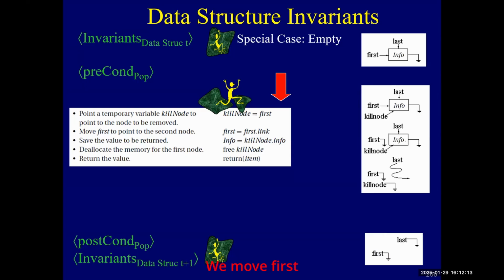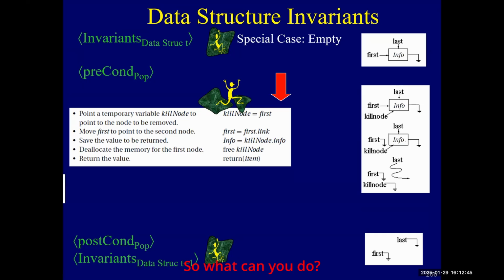We move first to where the node is pointing to, right? First walks along. So first is going to get the value nil, which is great. And then, again, we take the information and kill it. Now, everybody see the problem that we have? Again, we have a problem with last, right? So last is still pointing at the thing that you're wanting to kill.